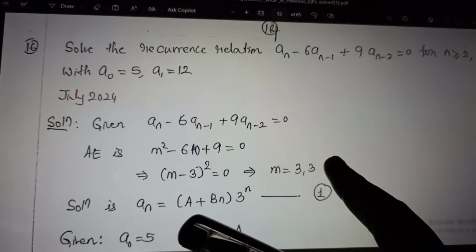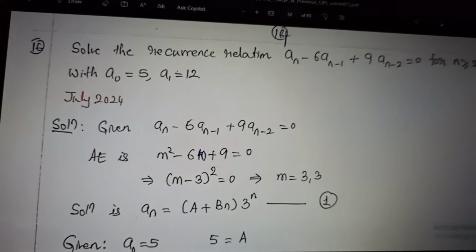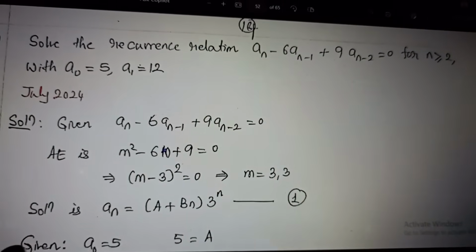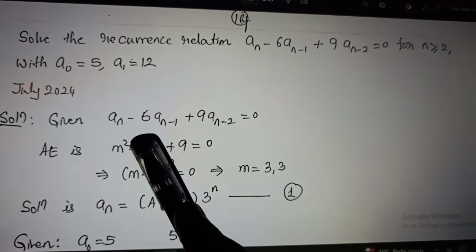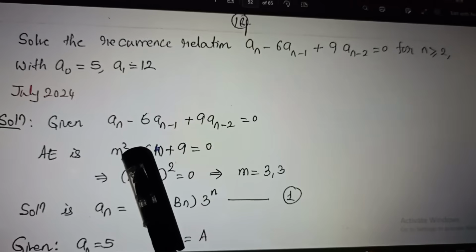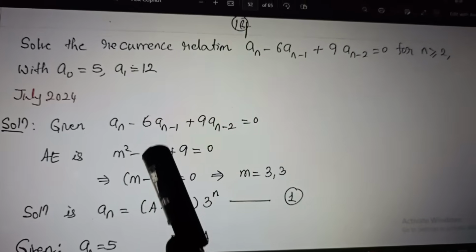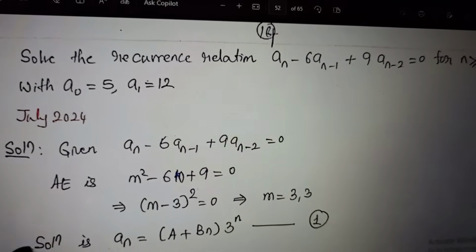Derangement is a sure question. And one more kind of question is this one: solve the recurrence relation. To solve the recurrence relation, the first step we have to understand is, remember always m square is taken, it is the standardized formula. M square is taken followed by minus the coefficient of this value, that you will write, followed by this thing.